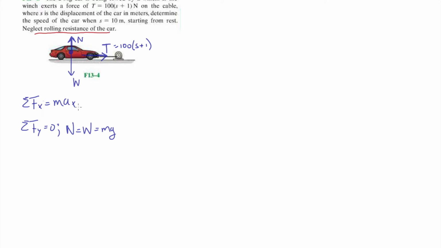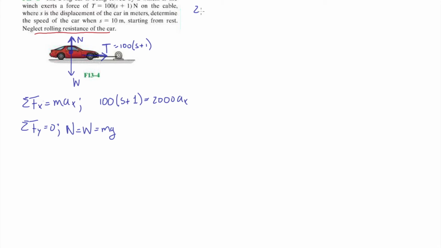So we're interested in this first equation up here. We're going to sum up the forces in the x direction, which are T. So it's 100 s plus 1 equals the mass. That's a 2 megagram car, so we're going to say it's 2,000 kilograms, times ax.